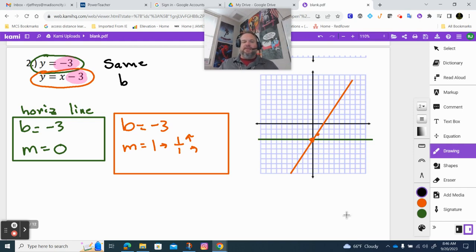The same spot. So that spot happens to be here, which is at (0, -3).